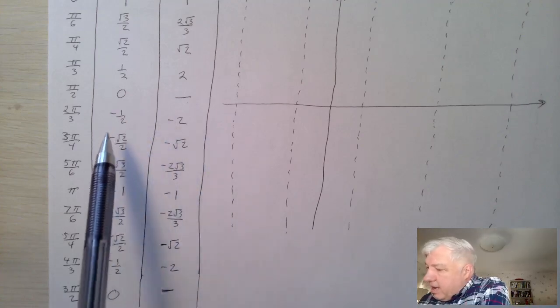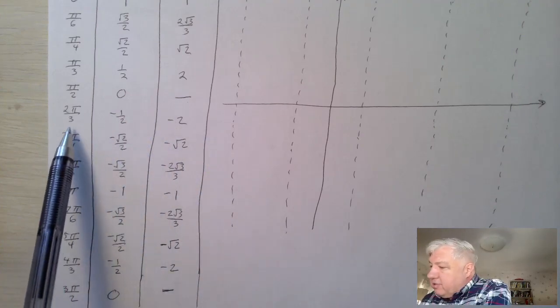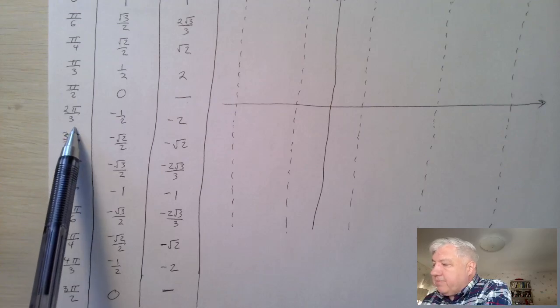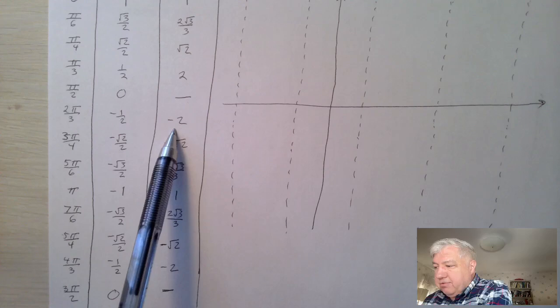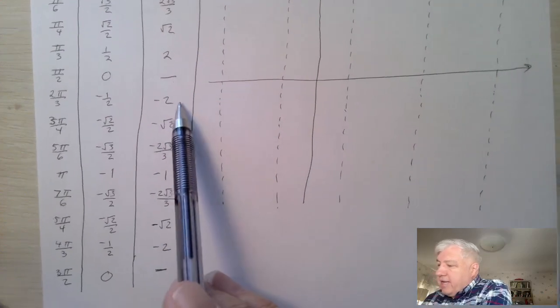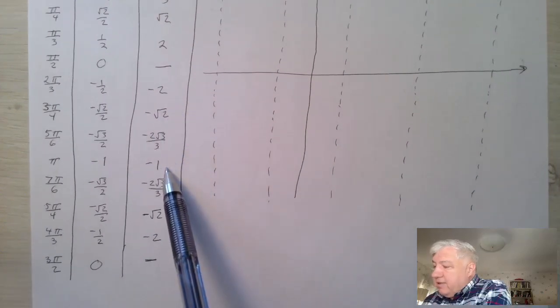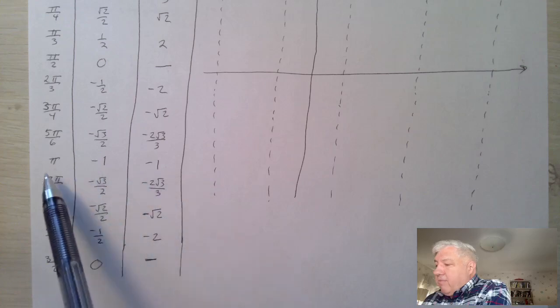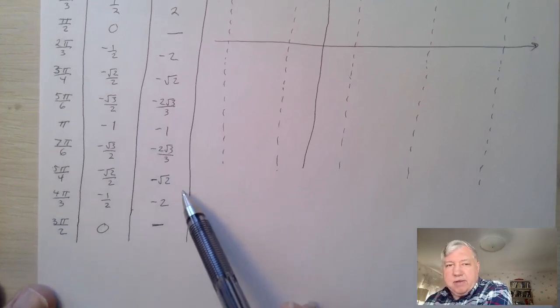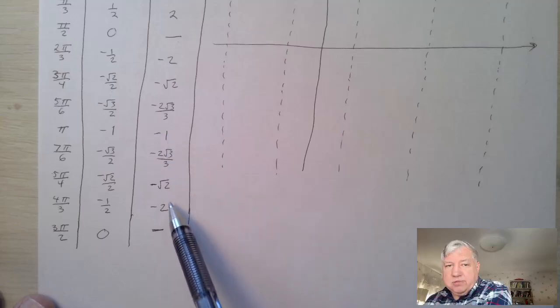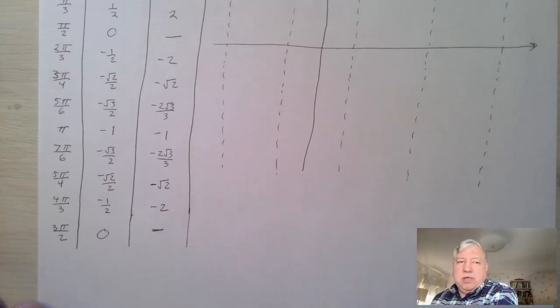Okay, and we see that, for example, at 2 pi over 3, the cosine is negative 1/2, so the reciprocal is negative 2. And we go from negative 2 up to negative 1, and then once we get to pi, these values are decreasing. They go from negative 1 to negative 2, and then keep decreasing. And at 3 pi over 2, the secant is undefined.